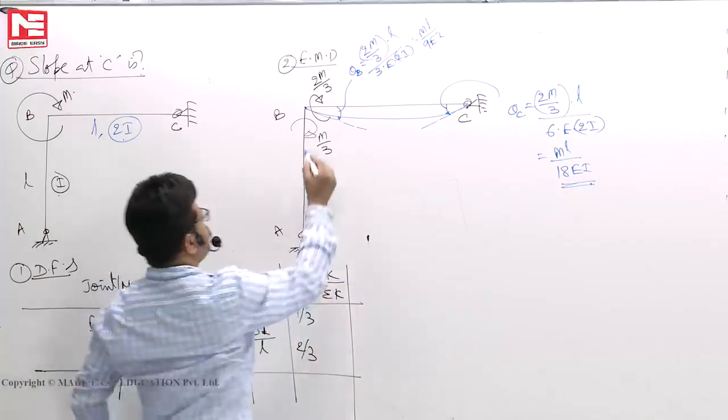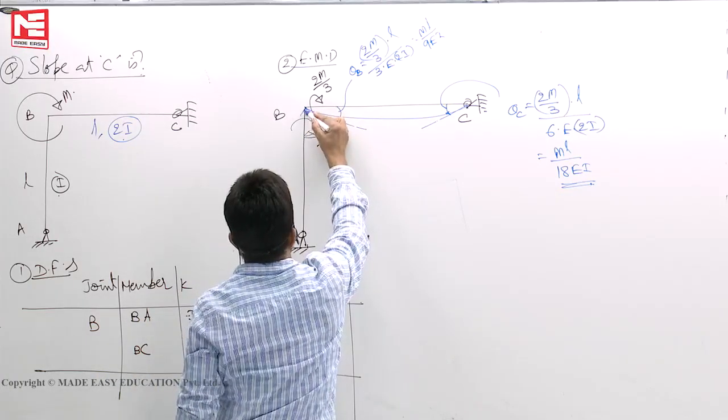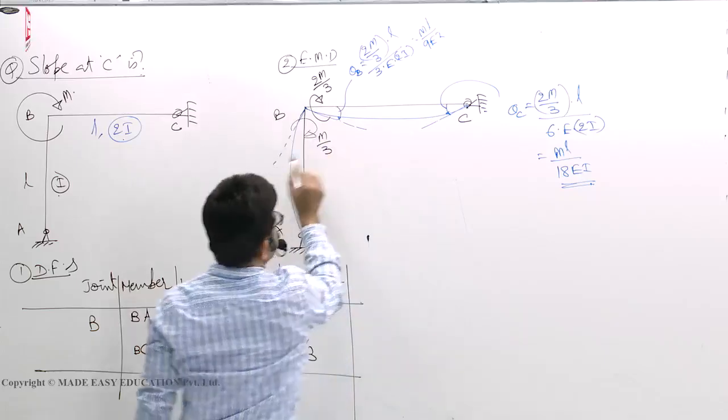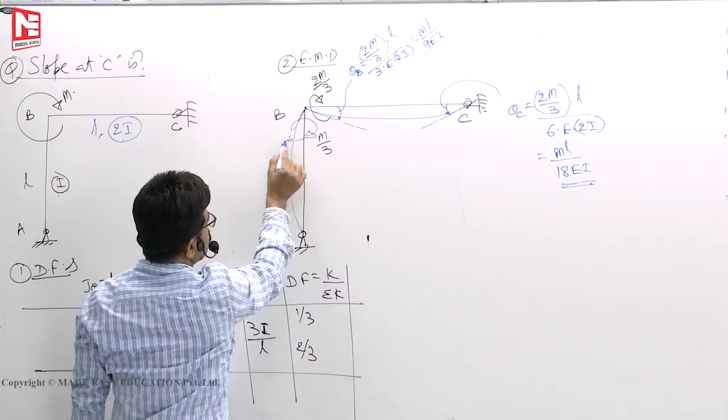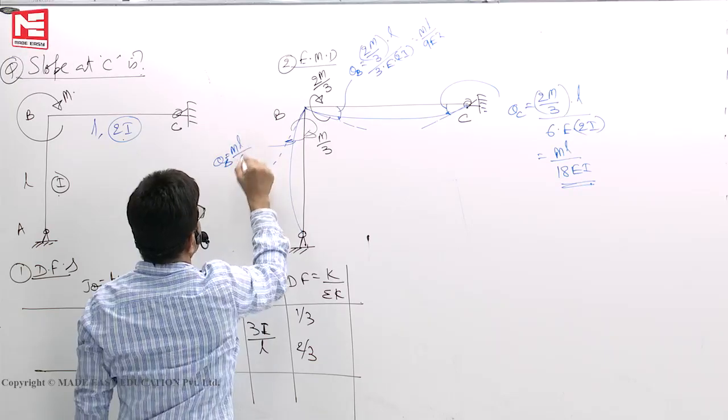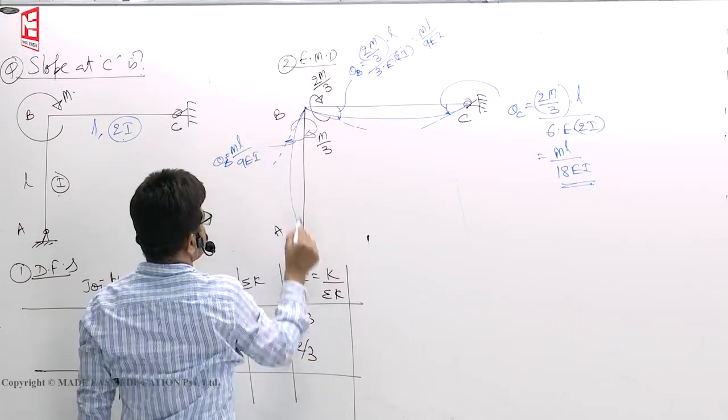Here also the same thing. It will deflect in the same way. The moment is so adjusted that this theta B is also the same, ML by 9EI.